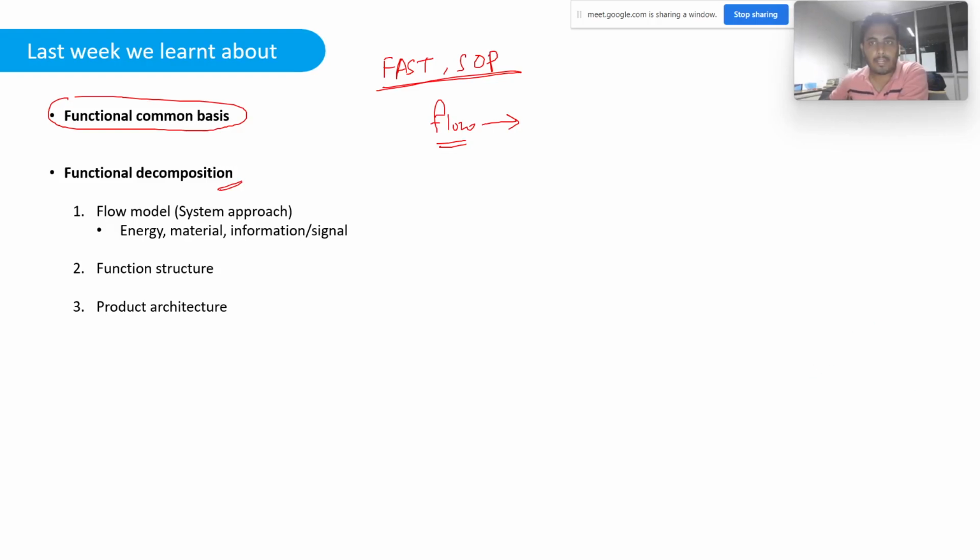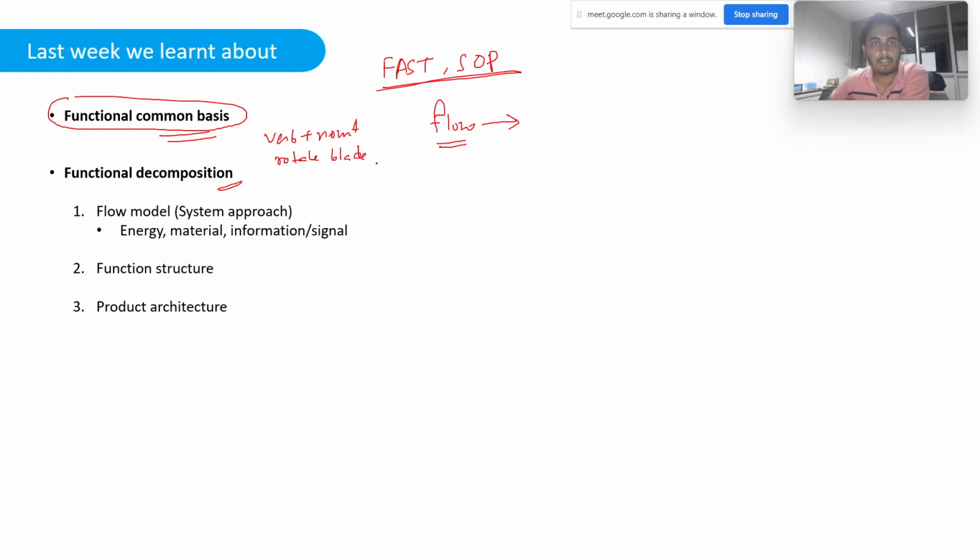What I covered in the last class was something called the functional common basis, which is basically some primitive verbs and nouns that we use to reach a functional decomposition endpoint. The way we write the functions is in the form of a verb plus noun, for example, rotate blade.